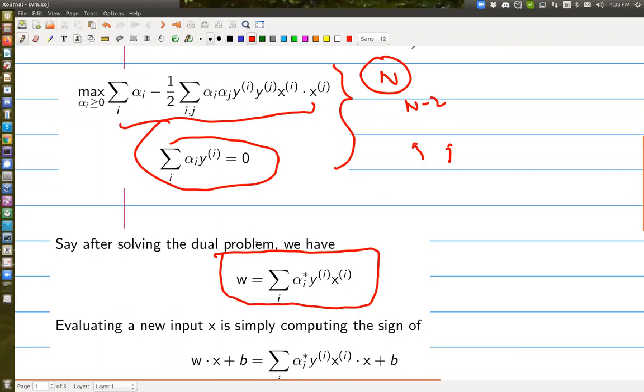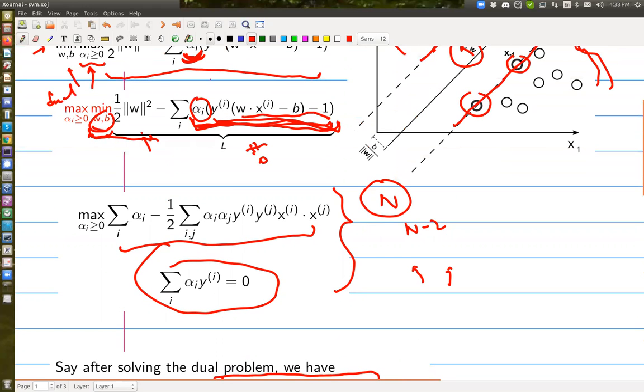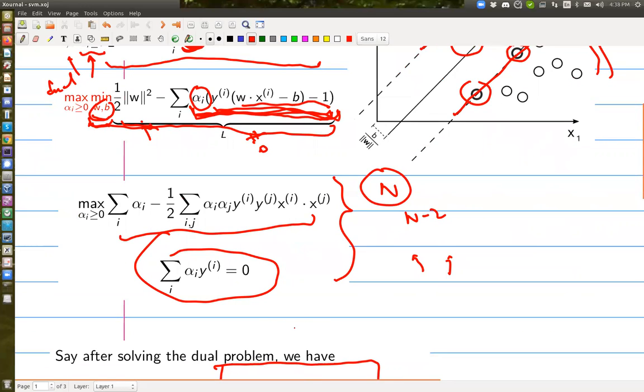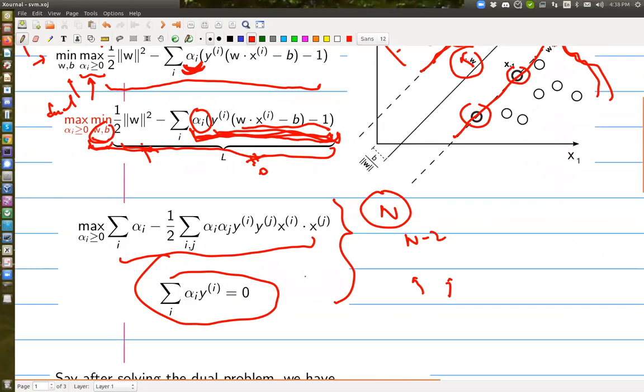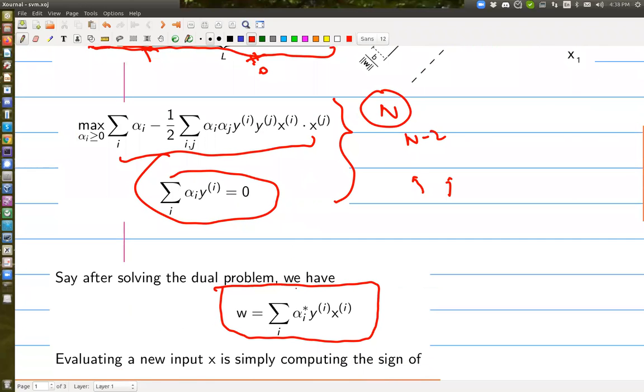Again, I solved this when we took the gradient of the objective function with respect to W, and then we get this one here. Once we have the optimal alpha i, W is equal to that. Since most of the optimal alpha i will be 0, W is quite nice. Most of the terms in this sum will be 0, so we can ignore those.